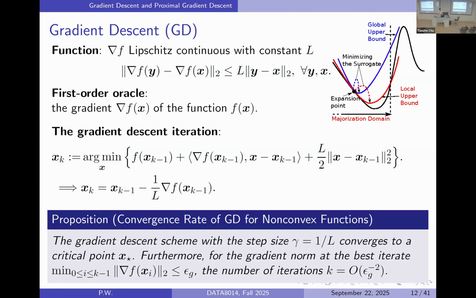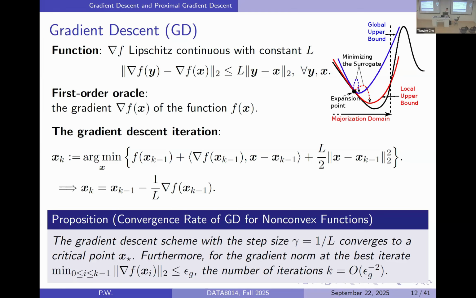That means if we want to find some point where the gradient is close to 0, the gradient norm smaller than epsilon, like 0.1, then how many iterations will it be? About 10,000.